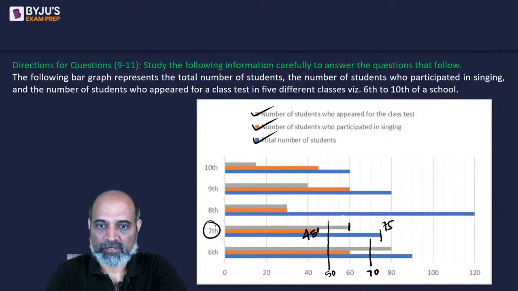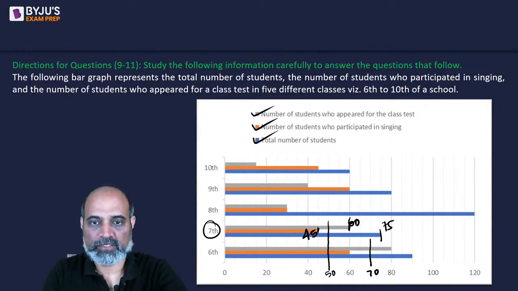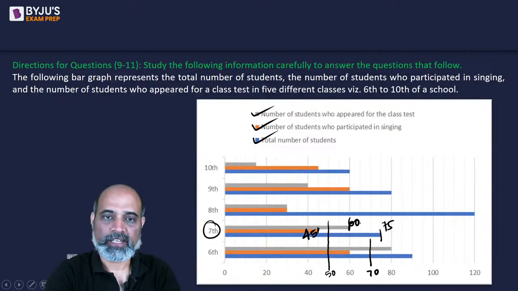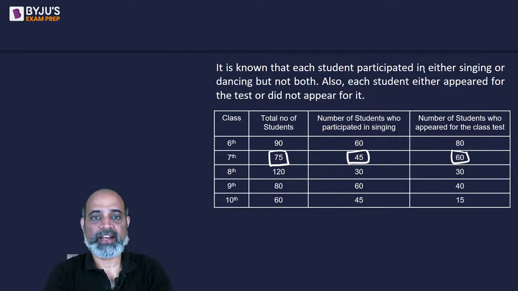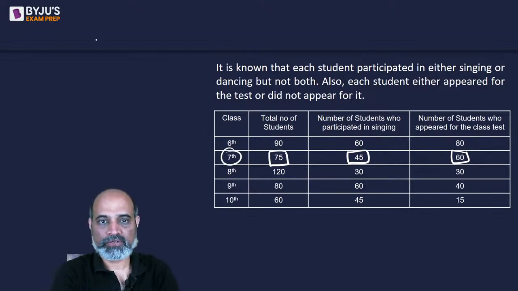So this is something which is kind of obvious. It's direct. Okay. Now, since it is given that each student participated in either singing or dancing, but not both. So if you look at 7 standard students, there are total 75. Out of 75, 60 students appeared for the test. That means 15 students did not.